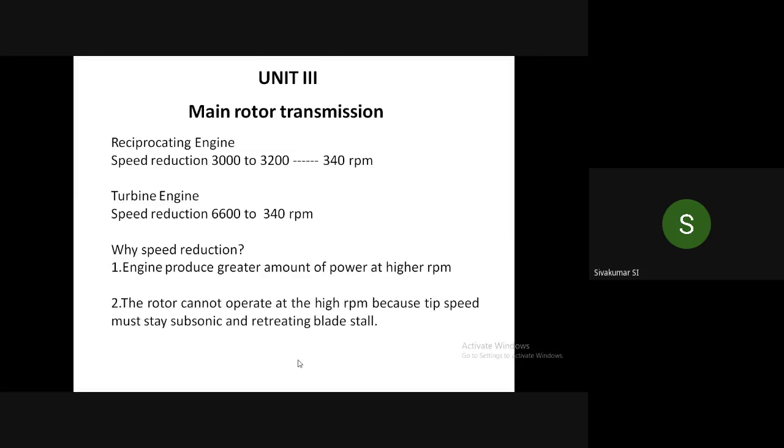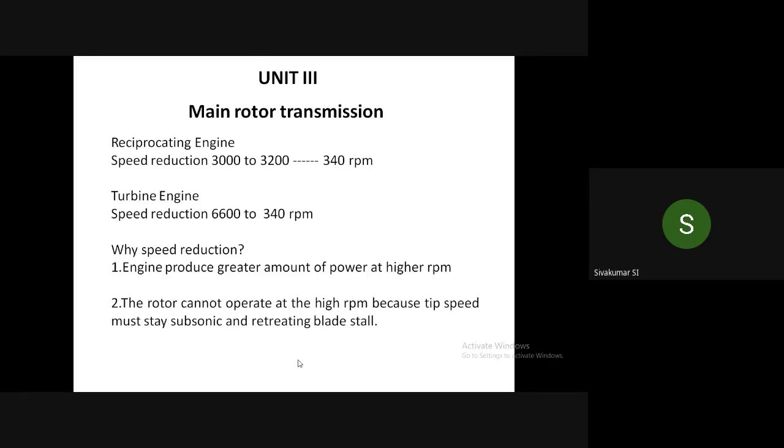Okay, so why do we want the speed reduction? Because the engine produces a greater amount of power at higher RPM. The same power cannot be transmitted to a main rotor rotating at the same speed as the engine, which runs at 33,000 RPM, as in the engine I knew about in my service.